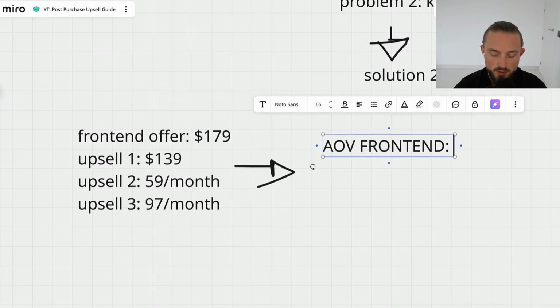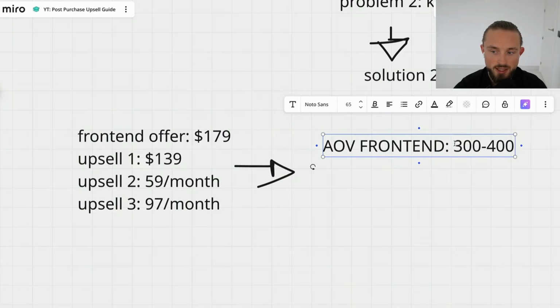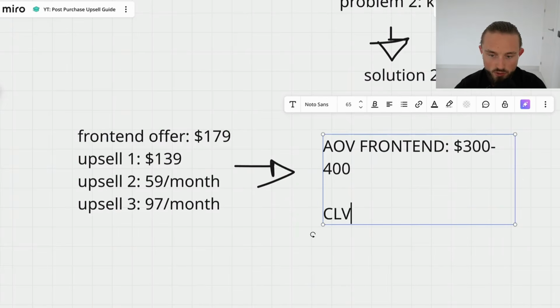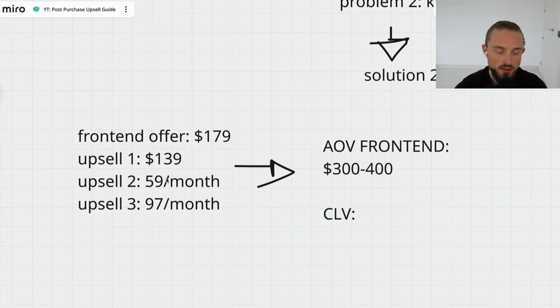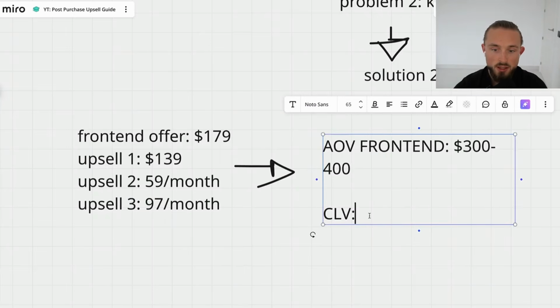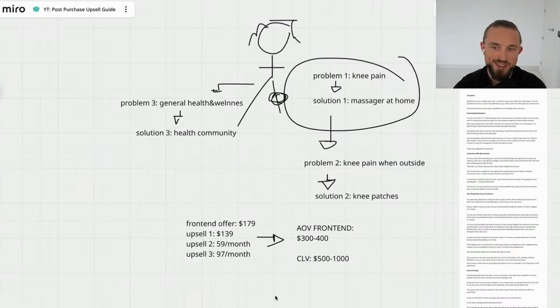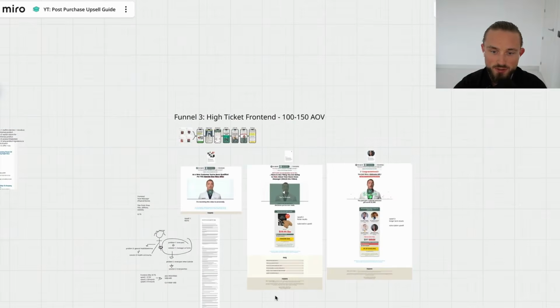But let's just say the AOV on the front end can easily be 300 to 400 if they take all of these. But then the customer lifetime value, in a good case, if they stay on this for like 2-3 months, the customer lifetime value can super quickly be 500 to 1,000, right? So that's why this is such a great funnel, right?